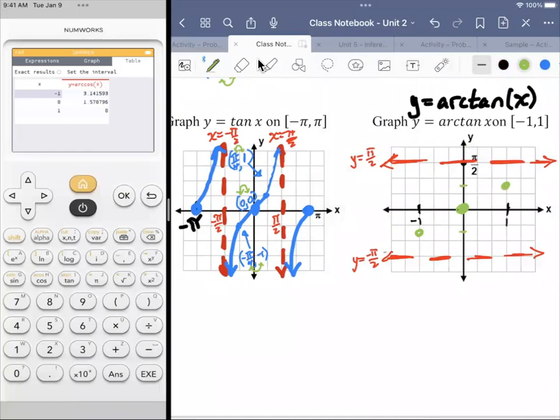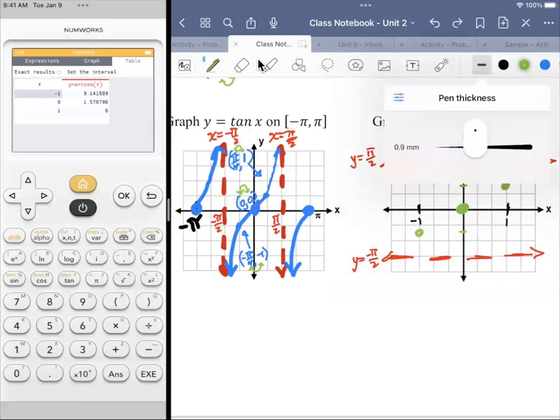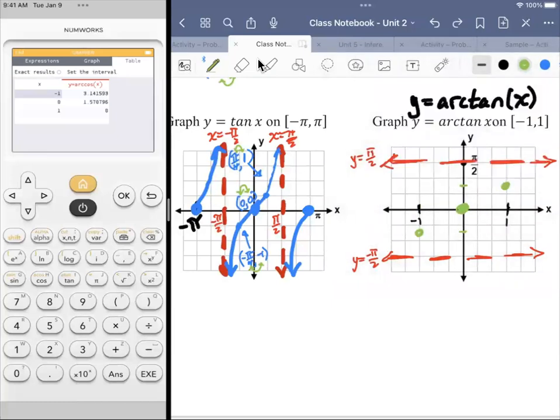So your graph is going to look something like this. Oops, I made that look too linear. I got to thicken it up. Something like that. If you miss the point, just make the point bigger. All right.